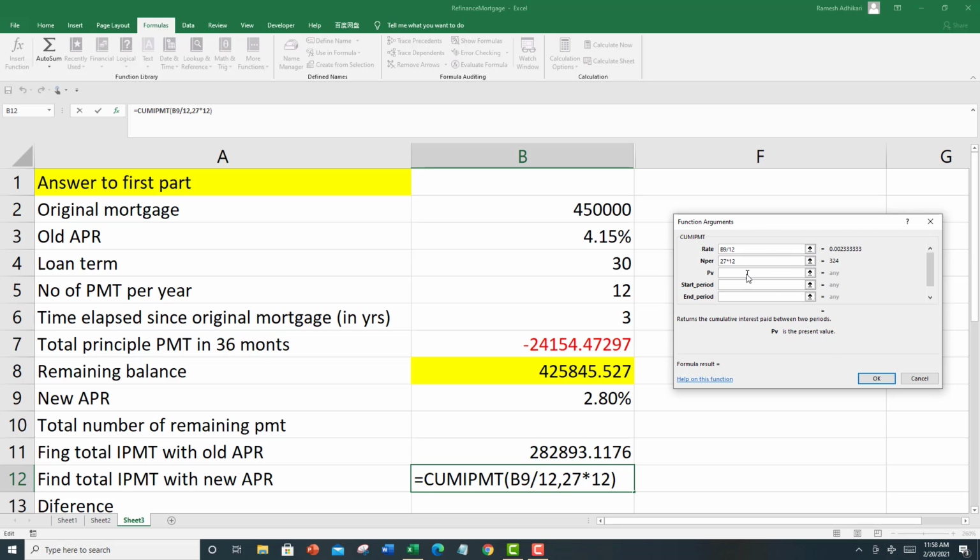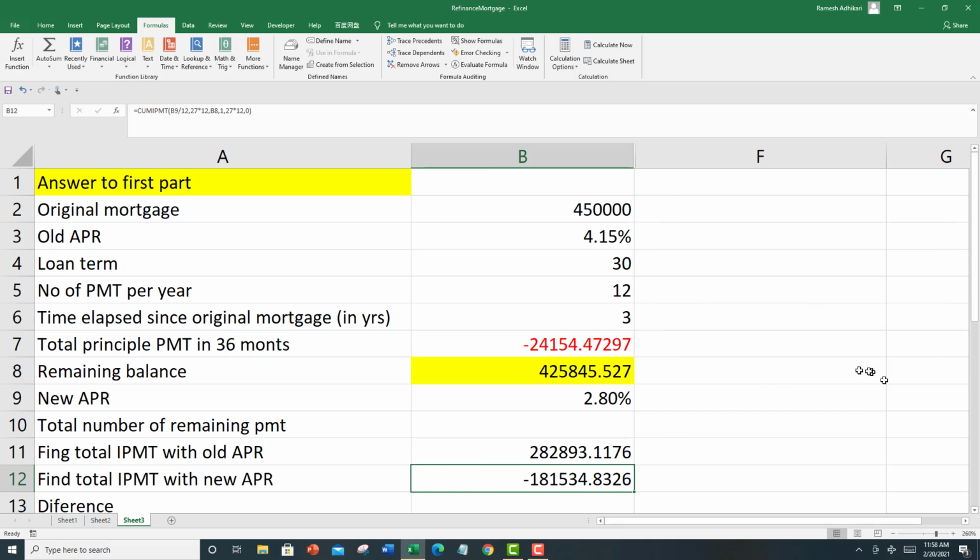And then the present value, that is the remaining balance, which is this guy here, B8. And now starting period. Starting period is the entire life of the loan, right? So therefore, starting is going to be 1, and end period is going to be the total number of periods, that is 27 times 12, right? And there's one more argument, which is 0, right? The payment is at the end of the period.